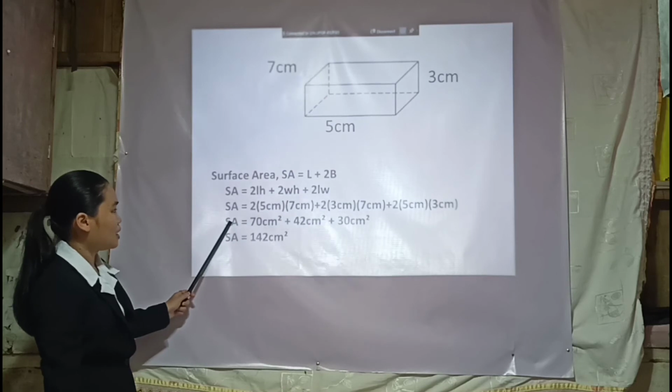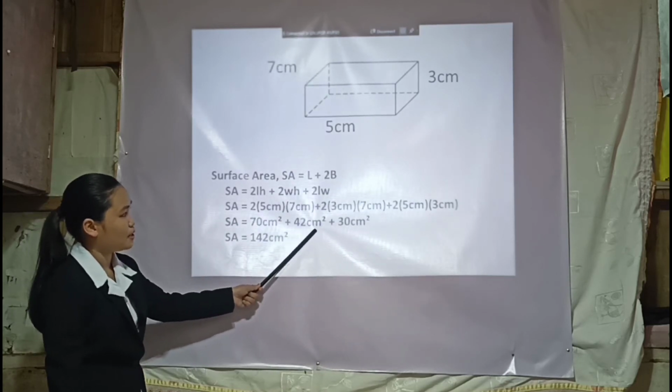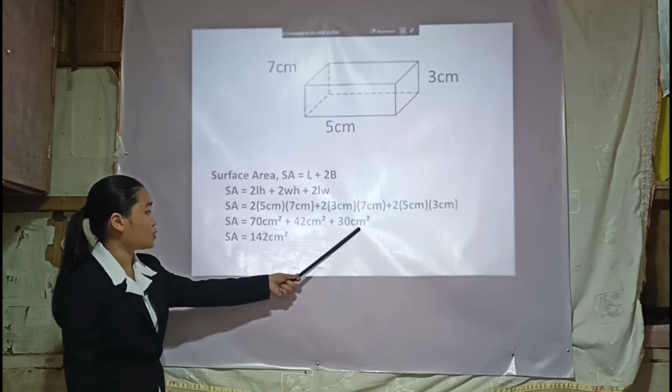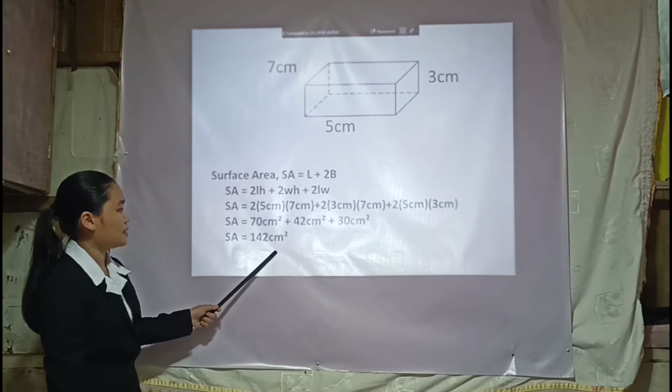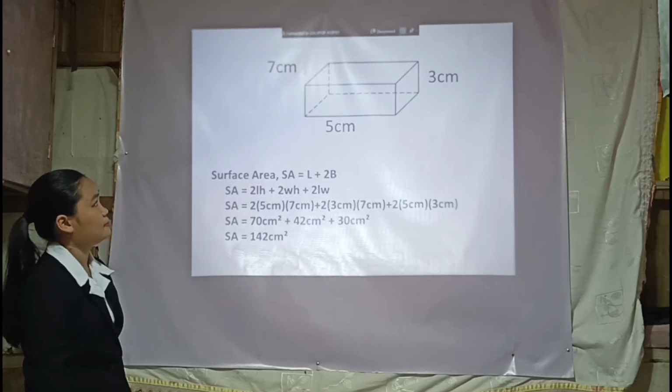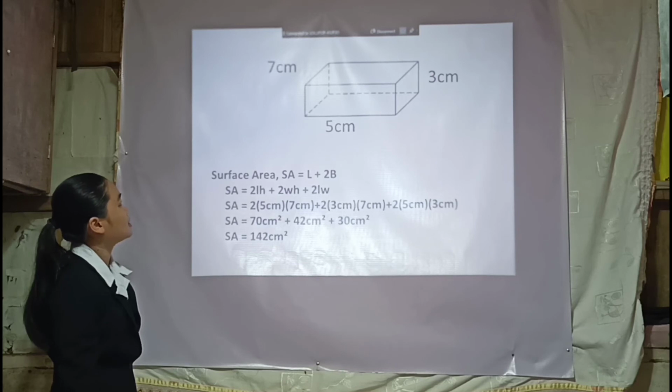And the total of 70 cm squared plus 42 cm squared plus 30 cm squared equals 142 cm squared. Let's proceed to the next example.